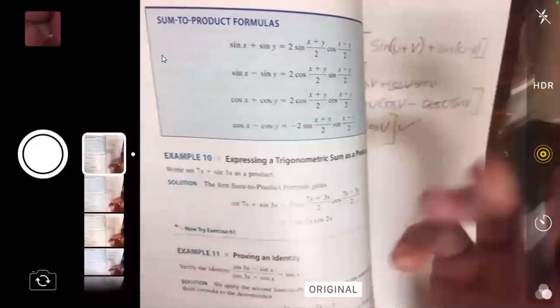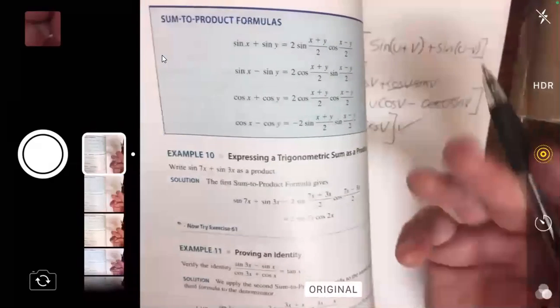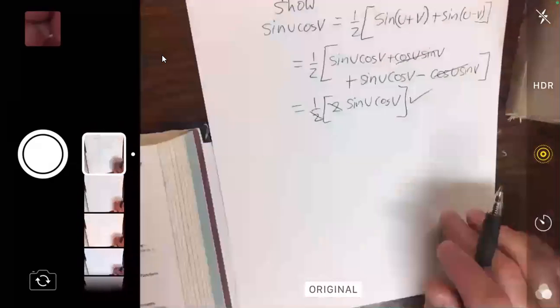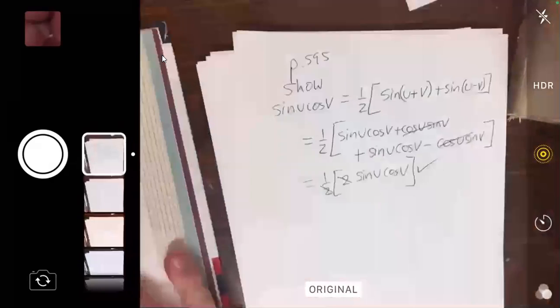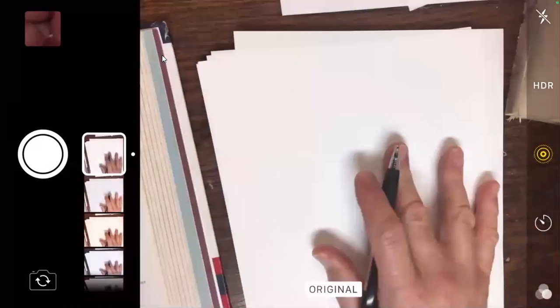Let's see if we've got time for any more problems. Like I say, they're burying you in formulas here. I think this is the last of the formulas, though. The rest of it is solving equations, but you'll be using these kinds of formulas to solve equations.